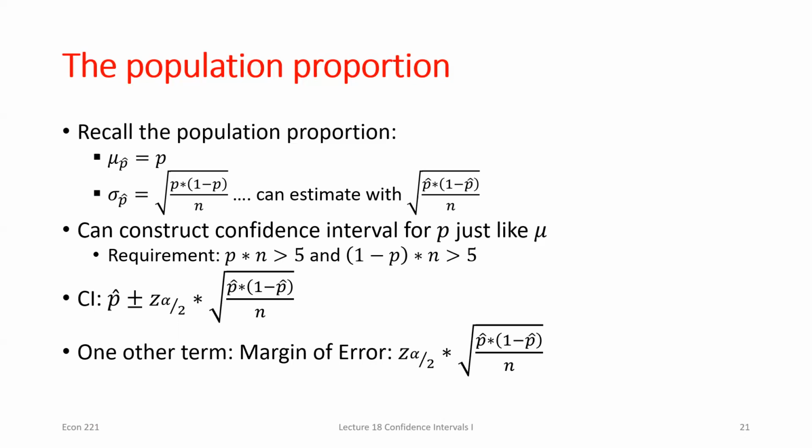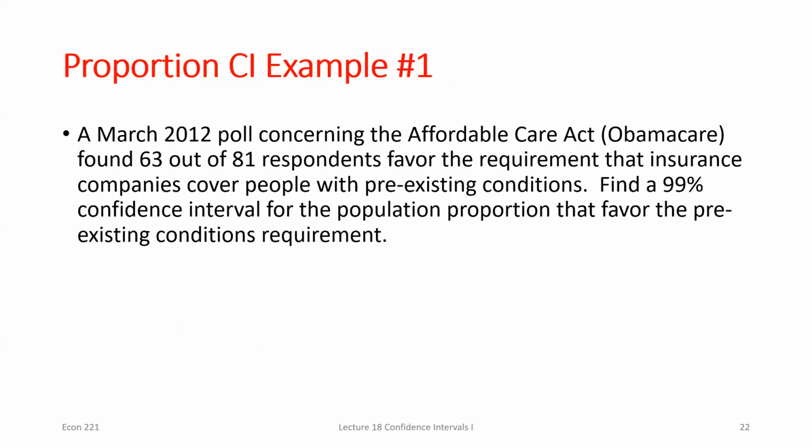So we've got a confidence interval equation. Now I can look at some sample evidence and figure out what a true population proportion is. So let's do this example first. Let's say I do this survey and I find that 63 out of 81 people are in favor of healthcare coverage that covers pre-existing conditions, and I want to build a 99% confidence interval.